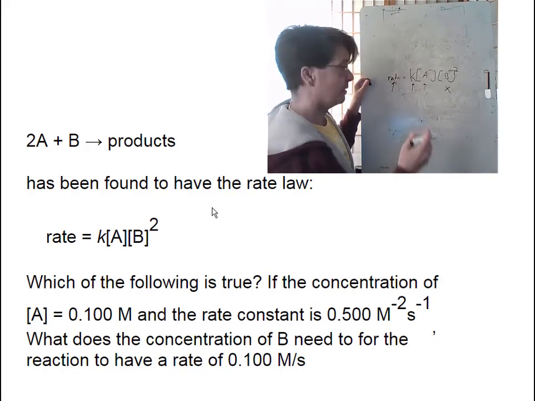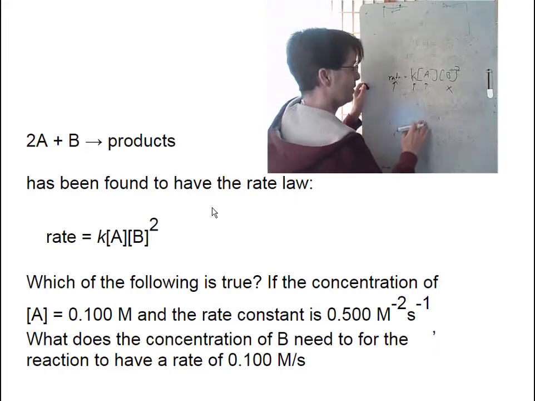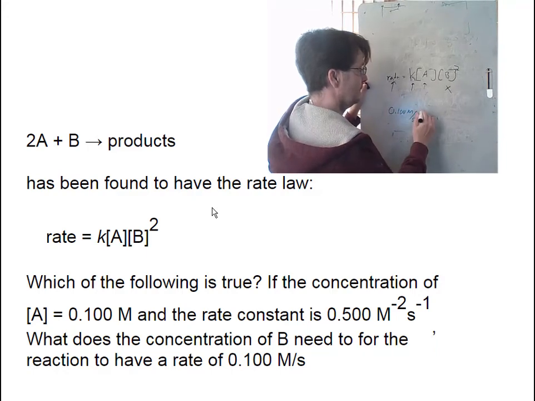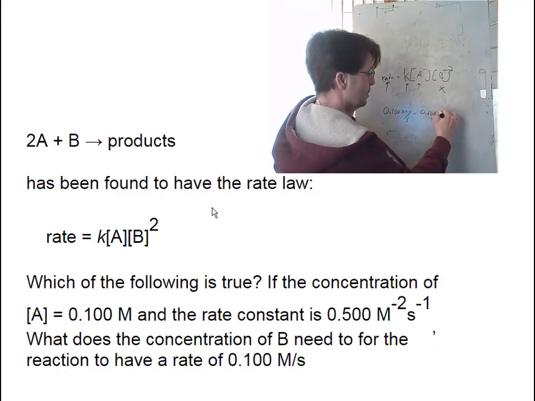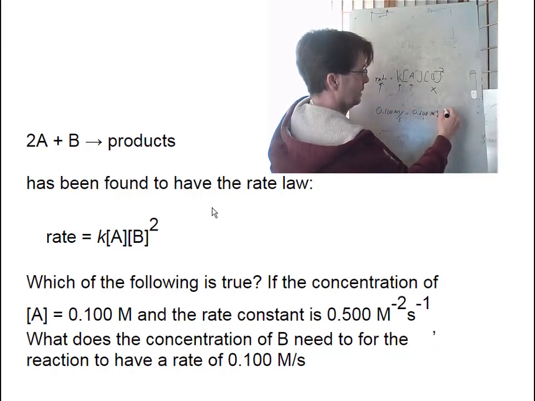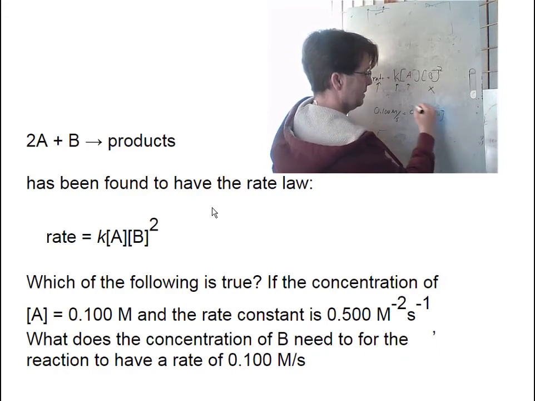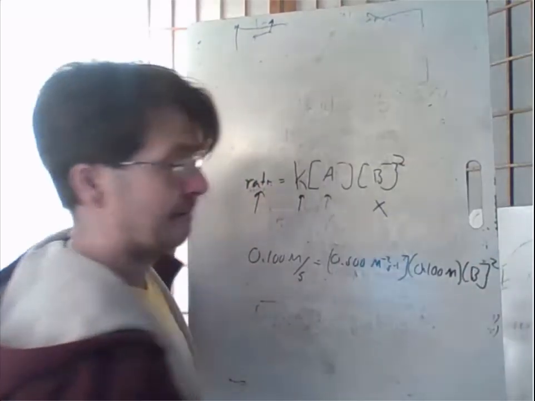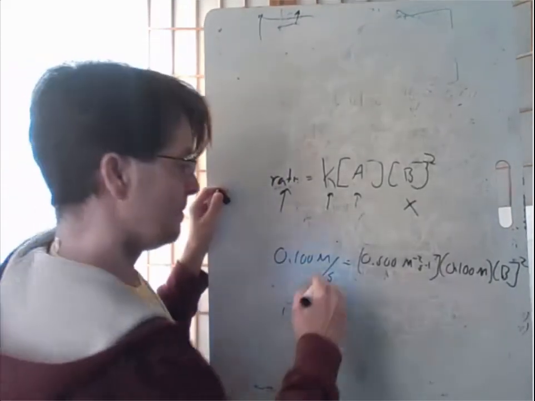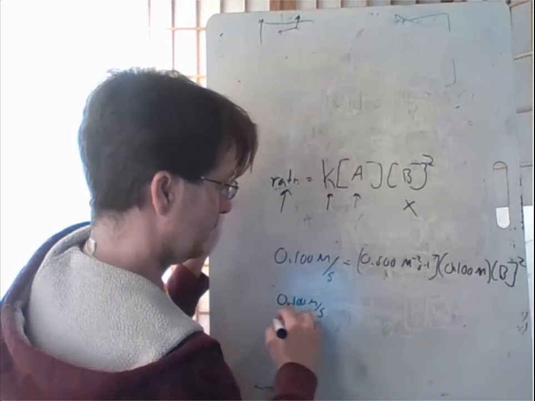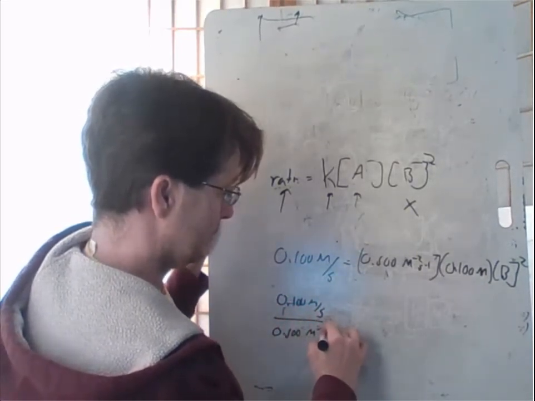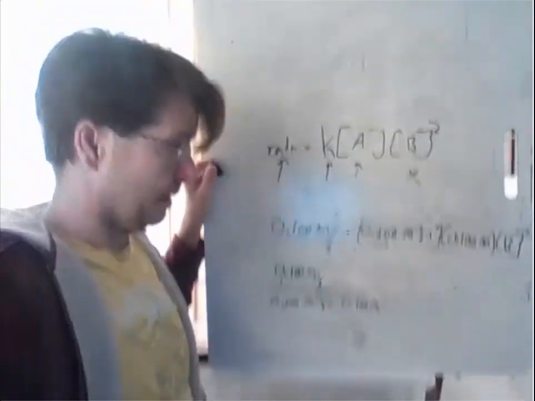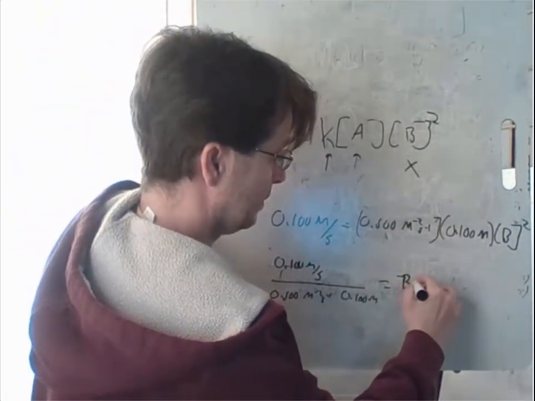So let's do it. The rate is given as 0.100 molar per second as our target, and they give us K, 0.500 molars to -2, seconds to -1, and they tell us the amount of A, 0.100 molar, and they ask us to solve for B. And so we can plug these values in. 0.100 molar per second divided by 0.500 molars to -2, seconds to -1 times 0.100 molar will equal B squared.